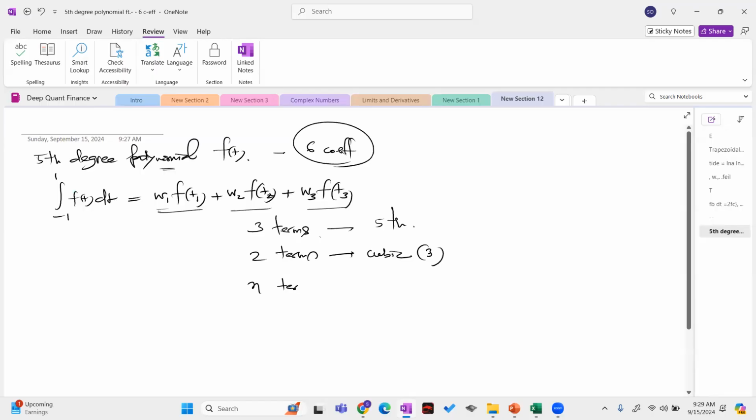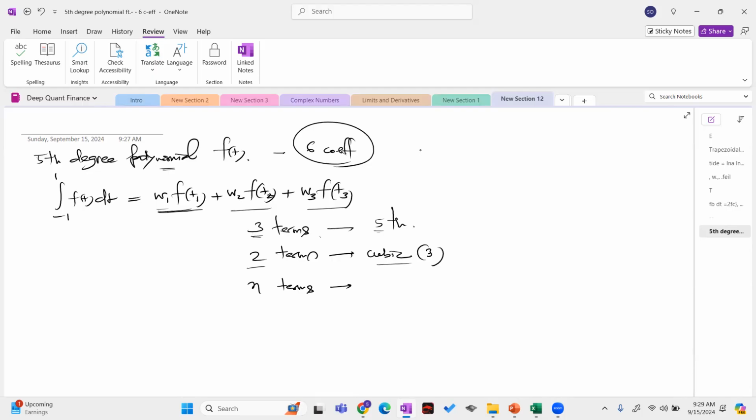With n terms, if I have n terms like w1 ft1, w2 ft2 up to wn ftn, what kind of polynomial can I approximate? What is the relationship? With 2 terms, we have a coverage till 3 degree. With 3 terms, we have a coverage till 5 degrees, right? With 4 terms, we'll have a coverage till 7th degree. So what's the relation, guys?